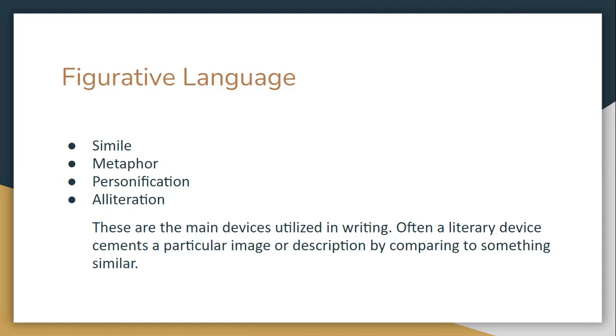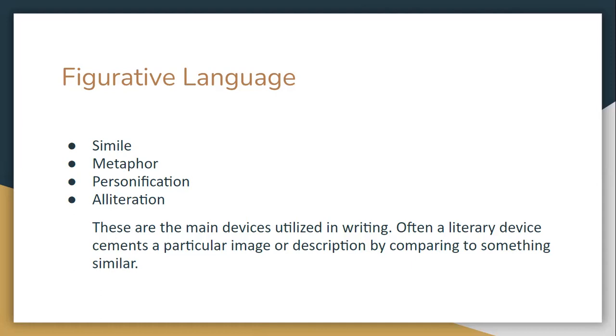All right. Personification. Now, this is where inanimate objects take on human-like qualities. So perfect examples are when the tree dances in the wind or the sun smiles. All right. And these also help to add to an image that is described.